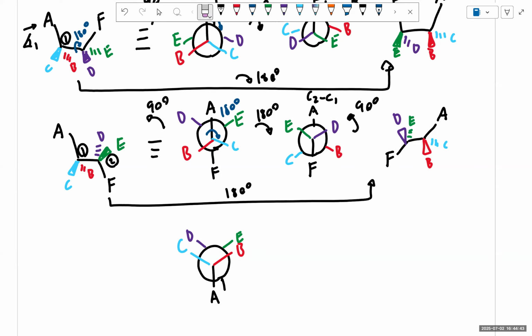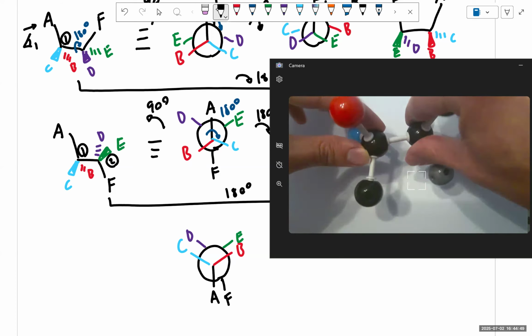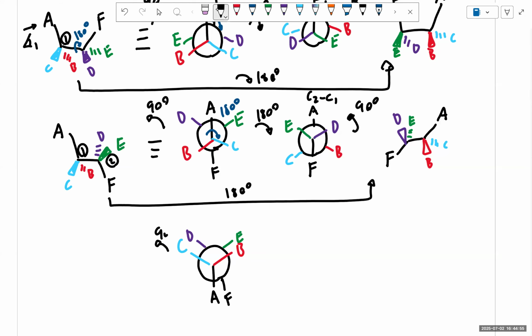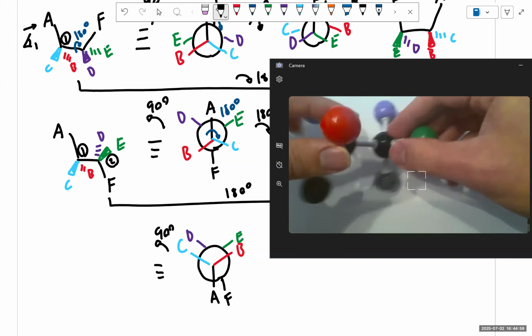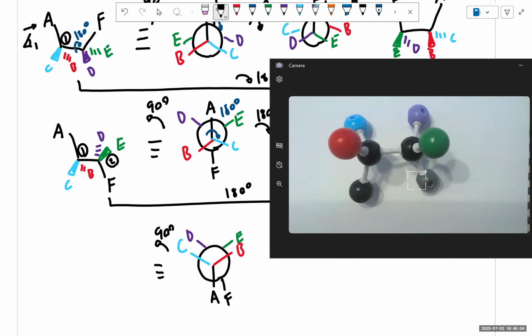Now, we can just as easily take this Newman projection and again convert it to a Dash-Wedge depiction by rotating our model kit 90 degrees to the left. And as you can see, that yields a Dash-Wedge structure. Here's the original Newman projection. Here is the Dash-Wedge structure.